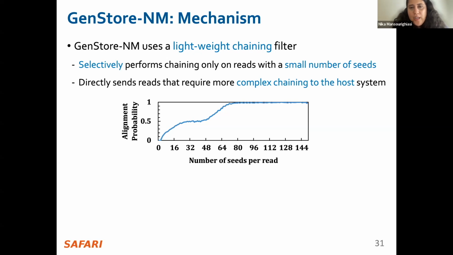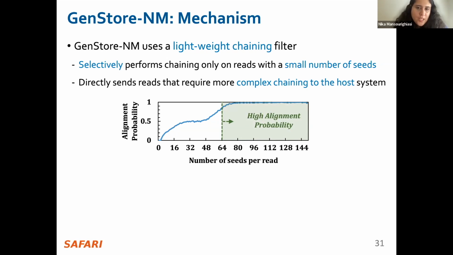So this figure here shows the alignment probability of a read in a long read set to subsequences in a reference genome as a function of the number of k-mers per read. We observed that reads with a sufficiently large number of seeds are very likely to align to subsequences in the reference genome.